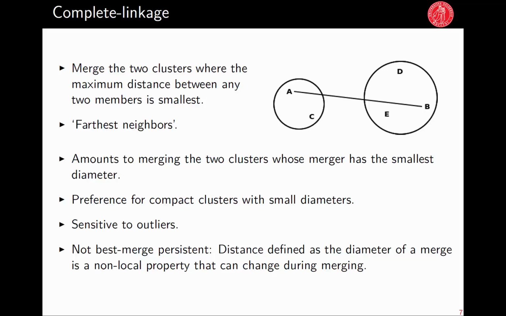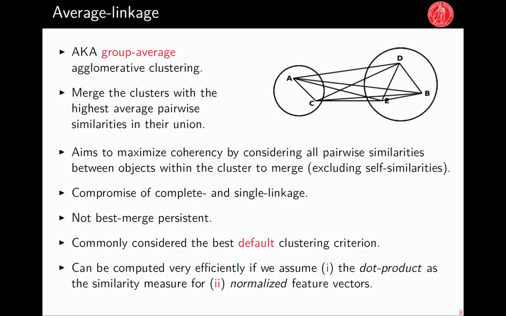So after performing a merge, we would again need to determine from scratch what is the best candidate for this merged cluster in terms of finding another cluster to merge it with. Okay, average linkage is a third measure.